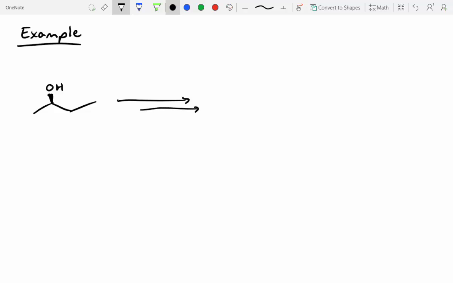This looks a little bit like our pod. And I want to get to SH. What's that double arrow? That just means there's going to be multiple steps, more than one at least. How can we accomplish this transformation? Let's try to come up with some sort of plan of attack. I'll give you a minute to work on this, and then try to explain your answer to your neighbor.